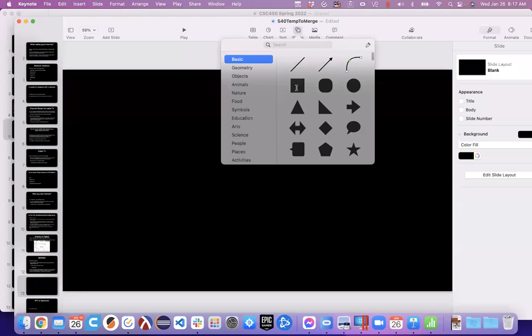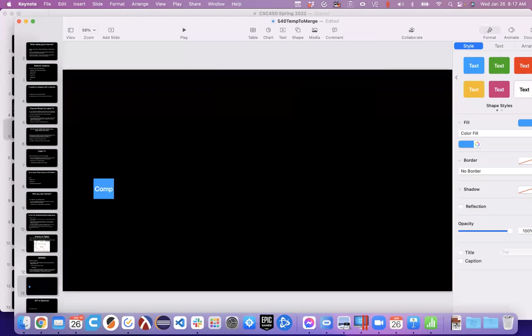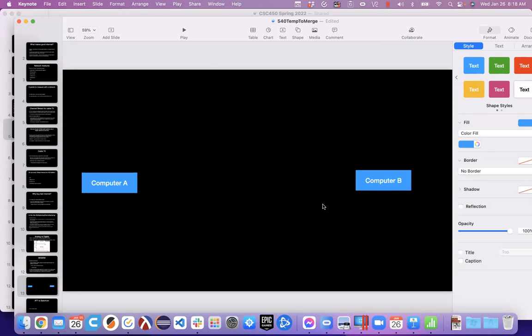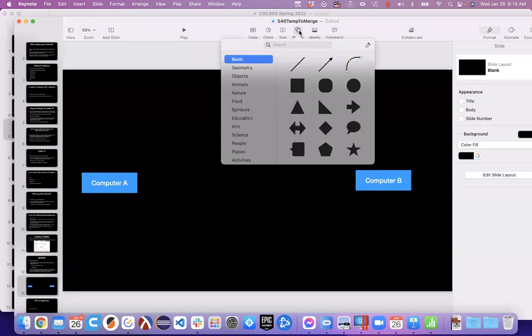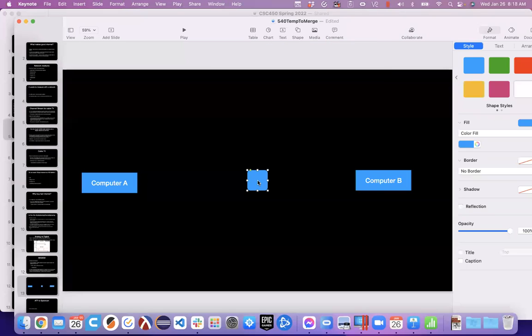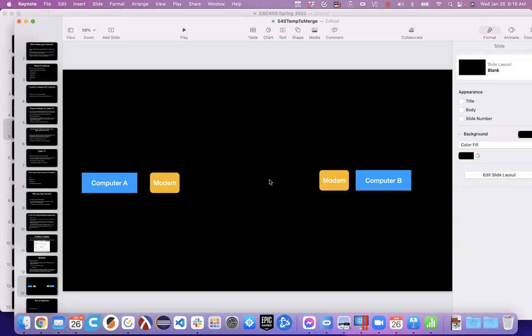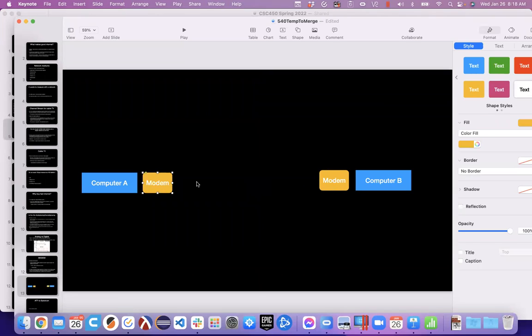So in our example here, we have computer A. We have computer B. We have a modem that's connected to both of those that acts as our interpreter.